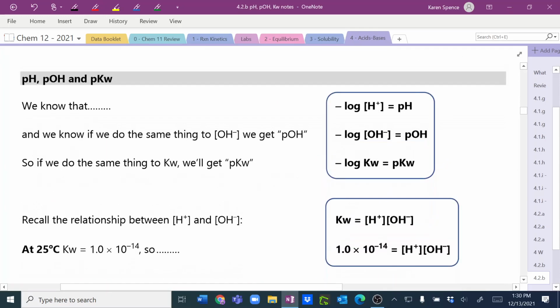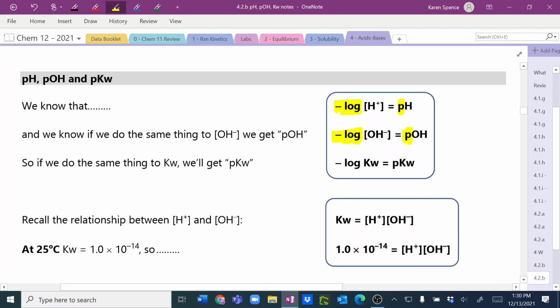All right, so we're starting to build a set of converters that will allow us to interconvert between pH, pOH, H, OH, all sorts of things. So we know that pH is the negative log of hydrogen. We know that pOH is the negative log of hydroxide.